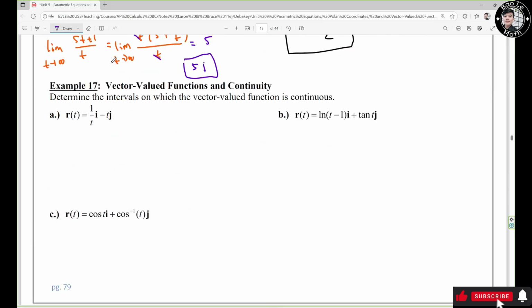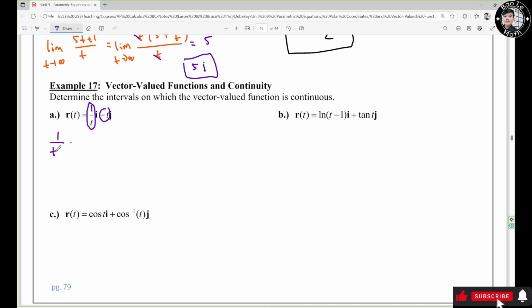Now let's take a look at example number 17. Determine the intervals on which the vector valued function is continuous. Alright, so we need to determine if this guy is continuous and if this guy is continuous, right? So we have 1 over t, right? Now this one is a rational function.